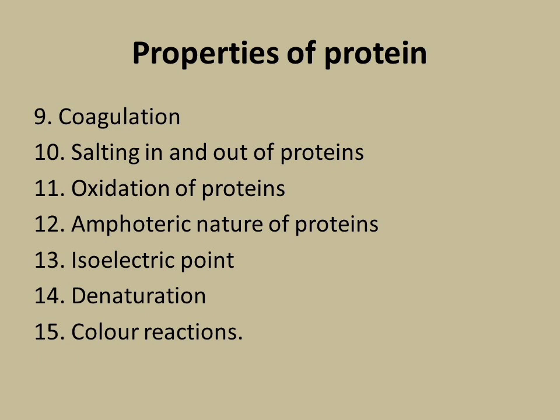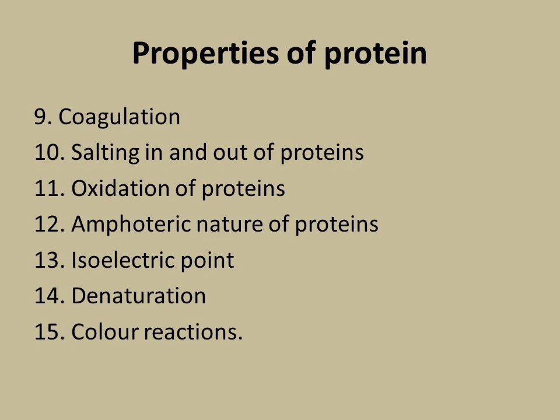Salting in and out of proteins. The solubility of many proteins is increased in the presence of small concentrations of various neutral salts. This is referred to as salting in of proteins. Salting in of proteins is caused by forces of attraction between salt and protein at low salt concentrations, leading to increased solubility.